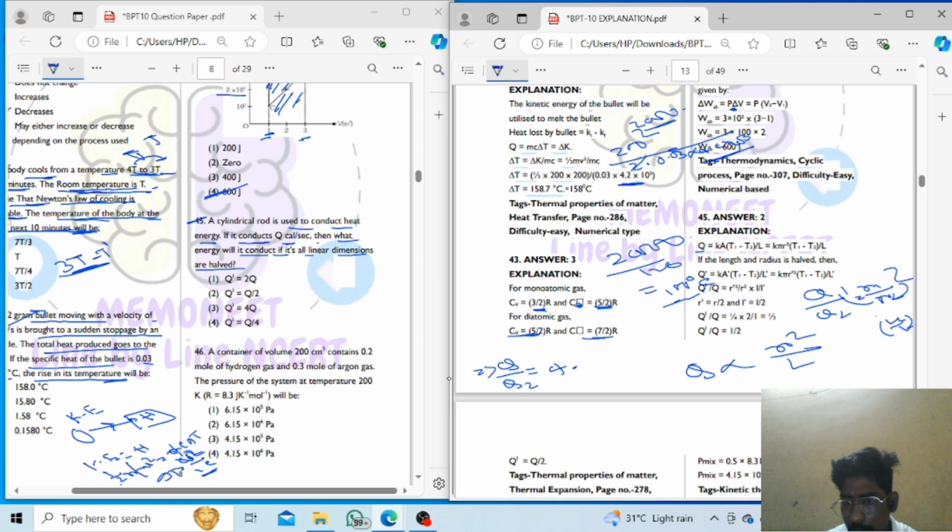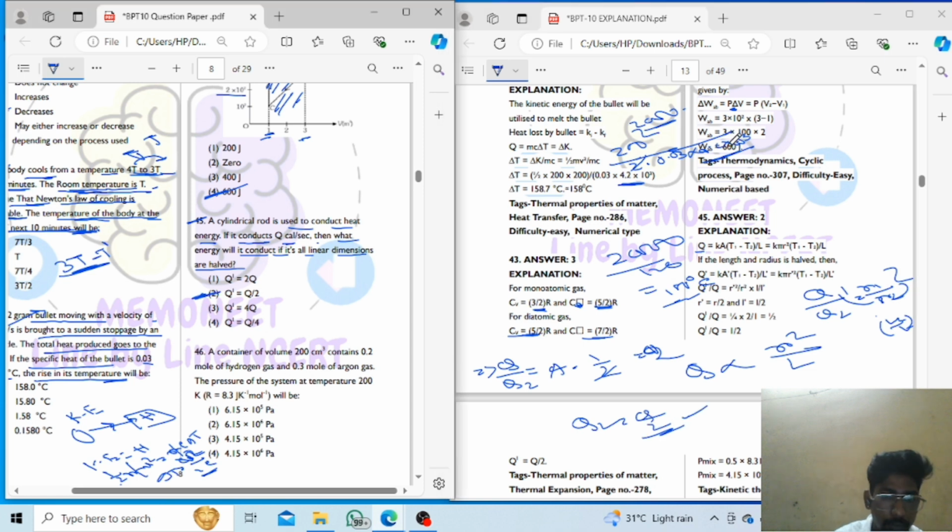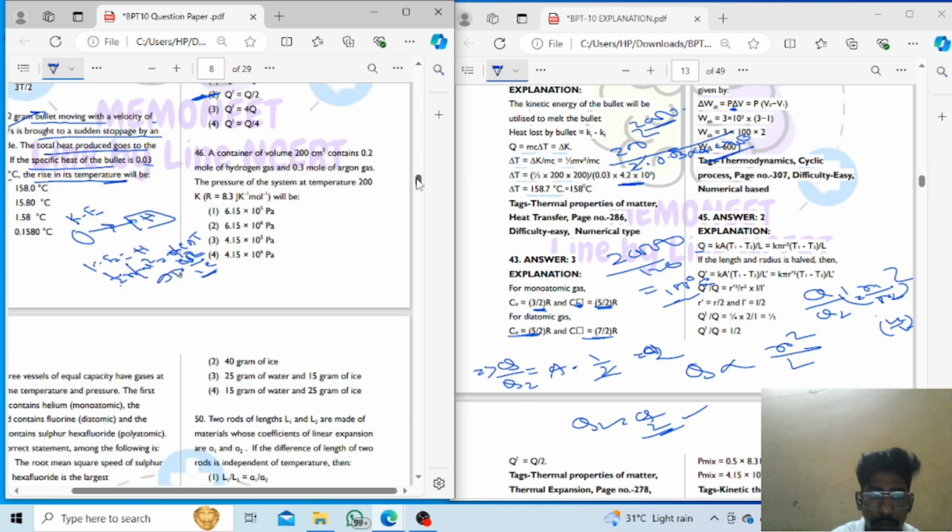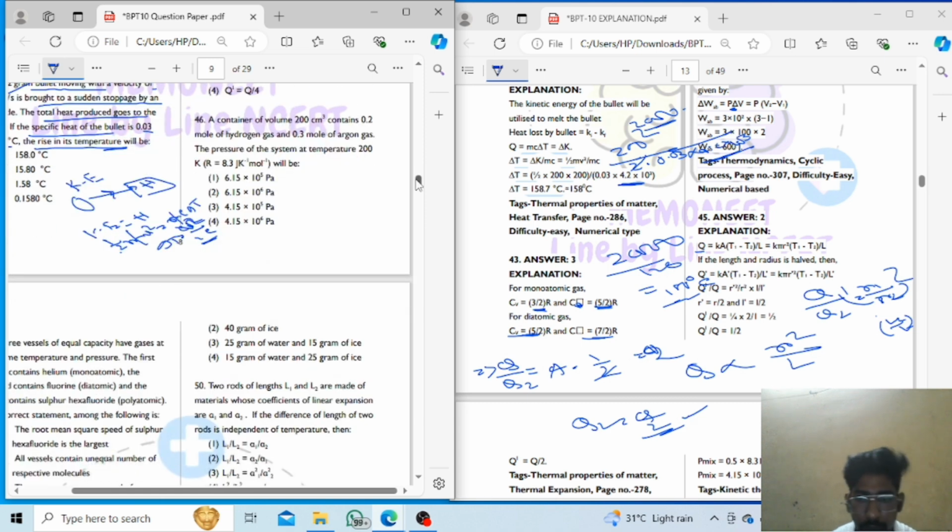Therefore you can say Q2 will become Q by 2, which means half. So option number 2 will be the correct option here. Okay, simple formula. What did I tell you: only the variables should be considered. The total formula need not be remembered; you just have to go through the formula only.